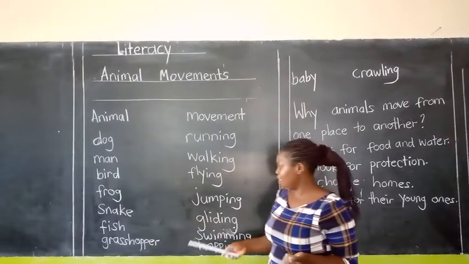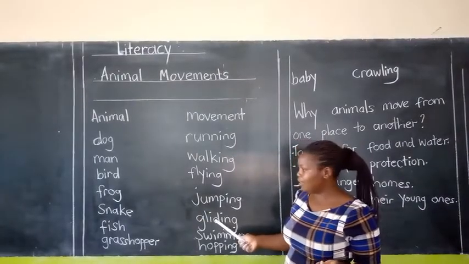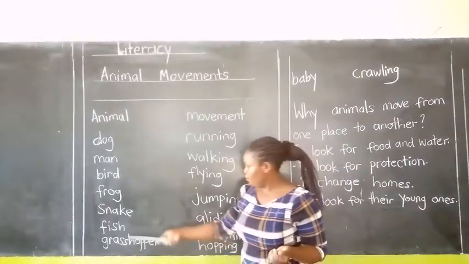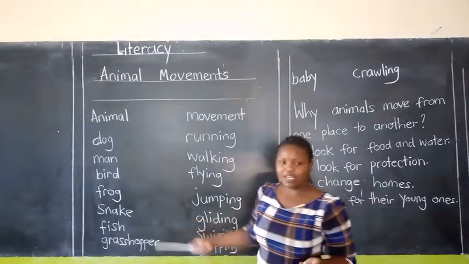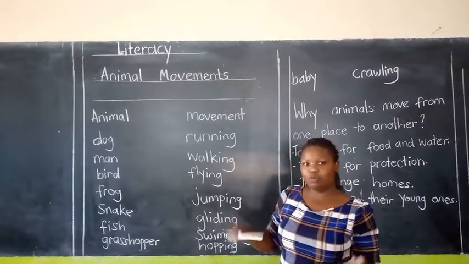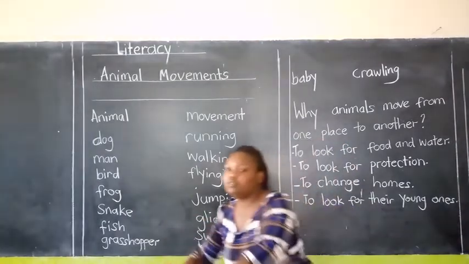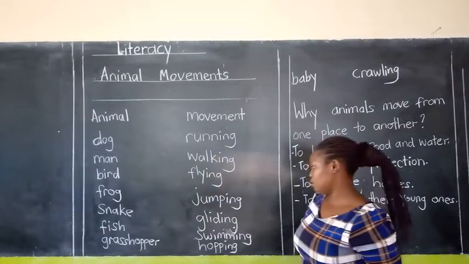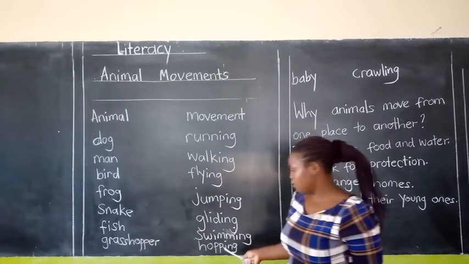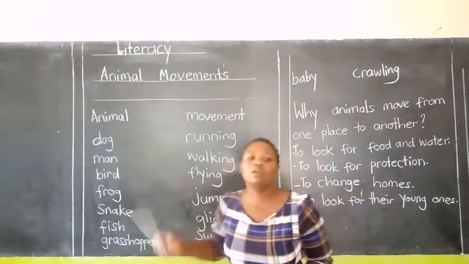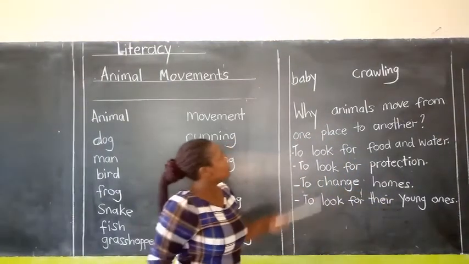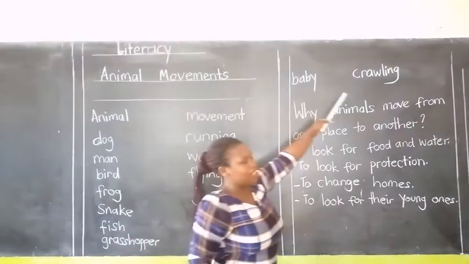Snake, by gliding. And then fish. How does the fish move? It is by swimming, when it is in the water. And then grasshopper is by hopping. Baby, crawling.